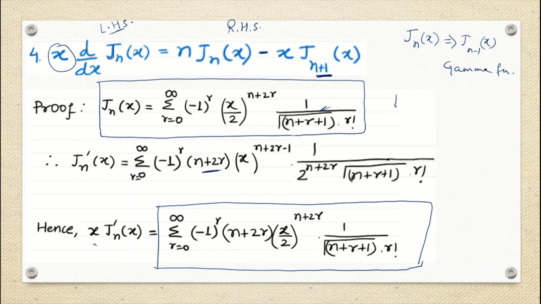If you have to come from J n x to J n plus 1 x, that means if you are going to increase the order of your J n x, then you focus on this factorial term, right? For this r factorial you have to work on. That means you go back to one previous term of your factorial. That means your job should be to reduce this factorial r into r minus 1 factorial. Okay, this term we should follow here if I am going to increase the order of my Bessel function.